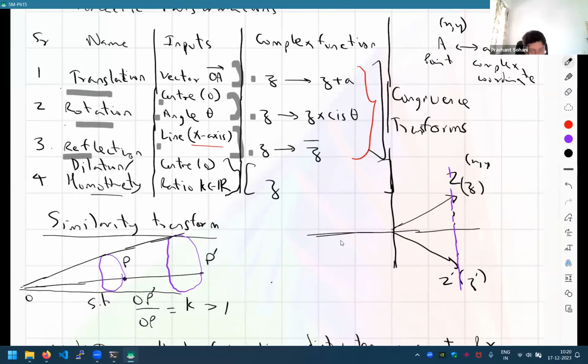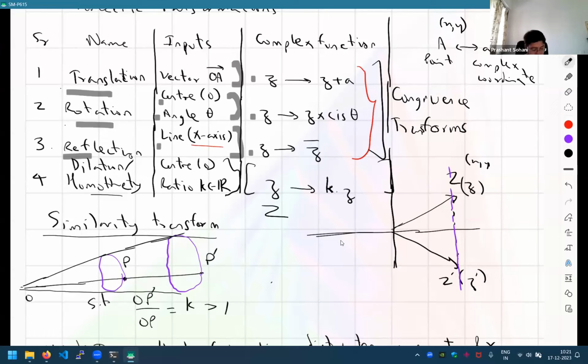If Z is my original complex number, the original point has the complex number Z, and I apply homothety with the center as my origin and a ratio K. What is the new point going to be? K times Z. Yes, correct.